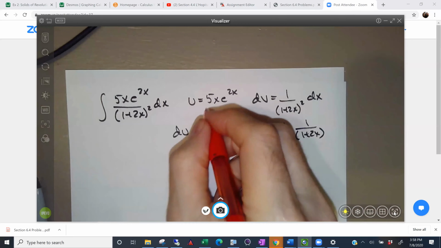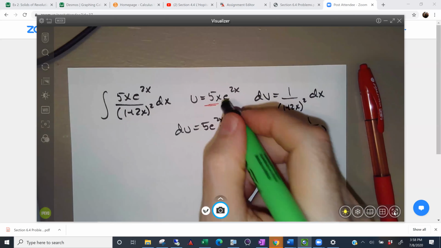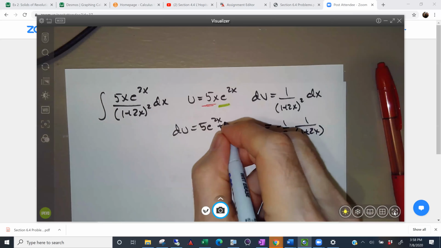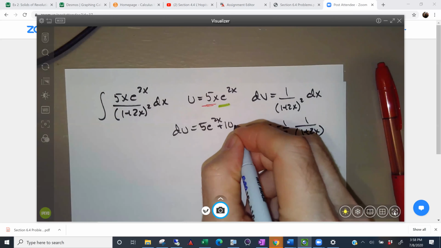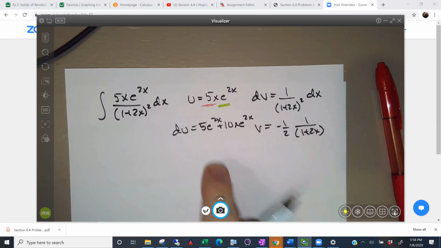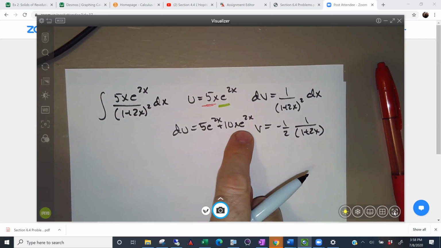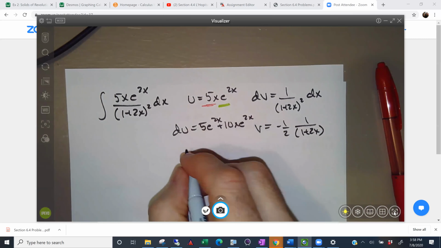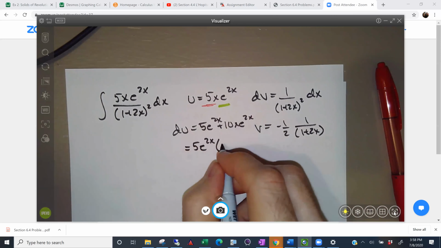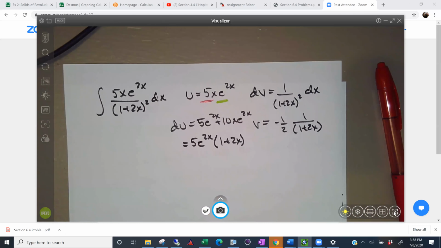So this is your first and second. So that second term here is going to be 10x e to the 2x. And it's worth noting here that if I factored out the common factor of 5e to the 2x, that would leave behind 1 plus 2x. So that's my du term.